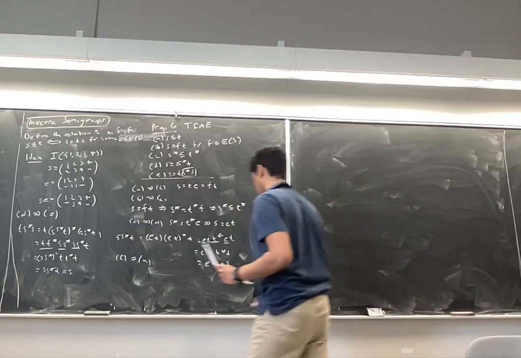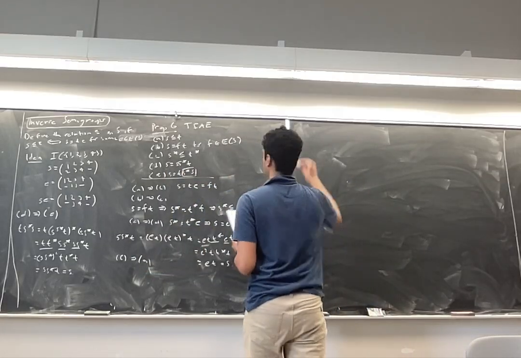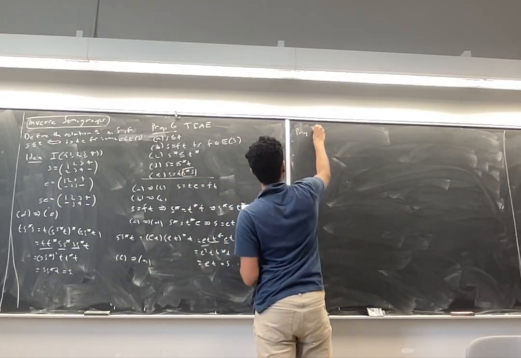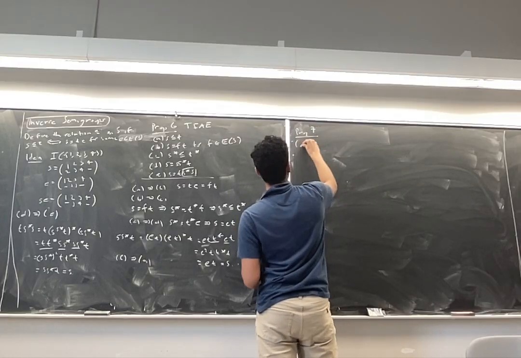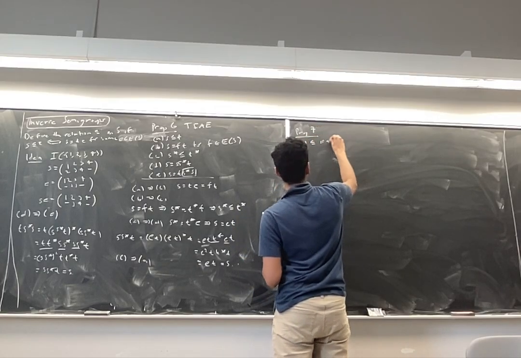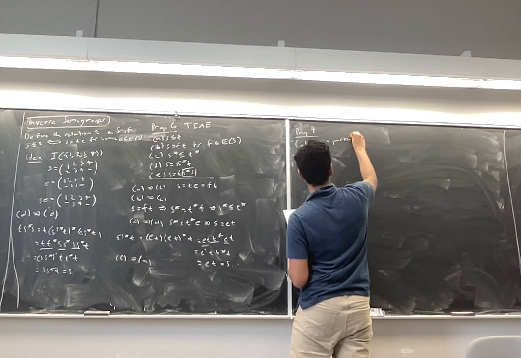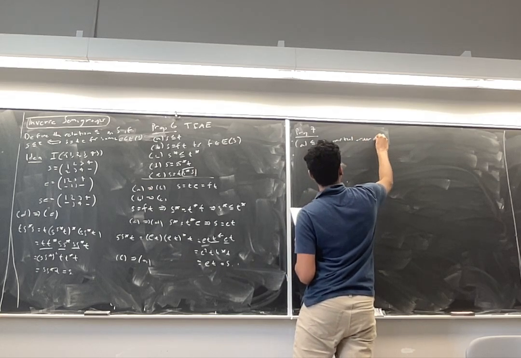Okay, let's see. Proposition 7. Less than or equal to is a partial order on S. We still haven't shown this yet, but we'll see it won't be too bad.